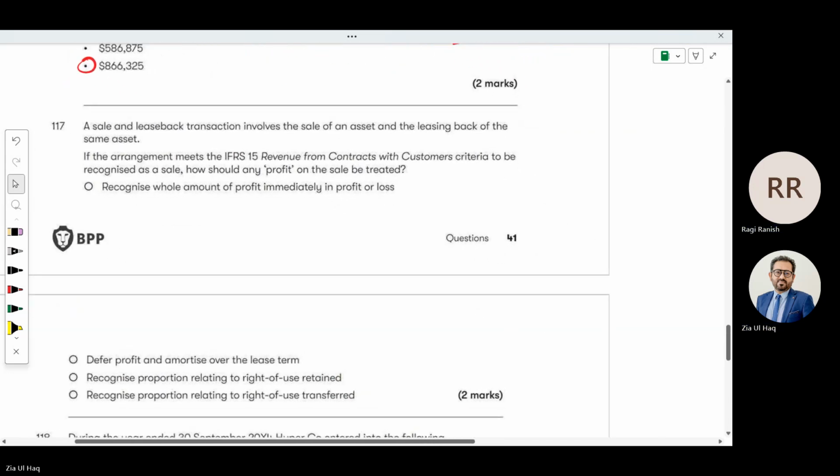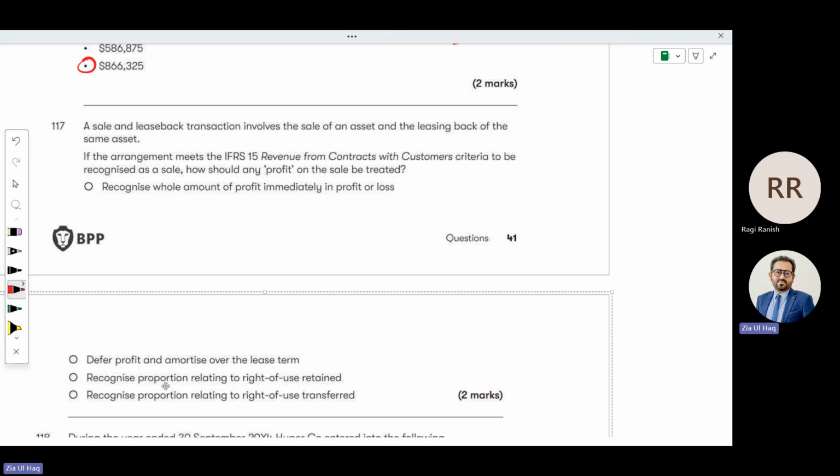117. A sale and leaseback transaction involves the sale of an asset and the lease back of the same asset. If the arrangement meets IFRS 15, how should any profit on the sale be treated? Recognize the whole amount of profit immediately in profit or loss? No, only the profit relating to the right transferred. Defer the profit and amortize over the lease term?